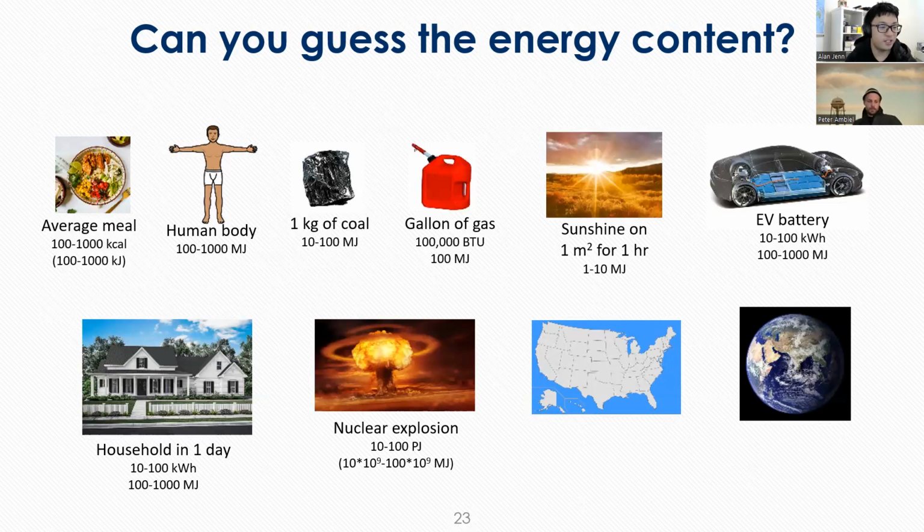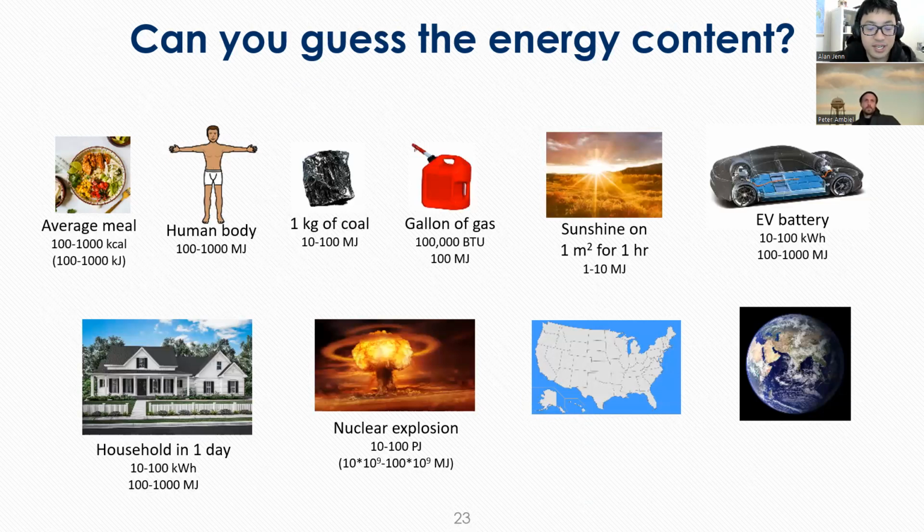So if you compare this to household energy consumption, we could say that the energy in a nuclear bomb would power something on the order of 100 million to 1 billion houses per day. Oh no, sorry, 10. I got my units wrong. 10 million to 100 million houses for a whole day.